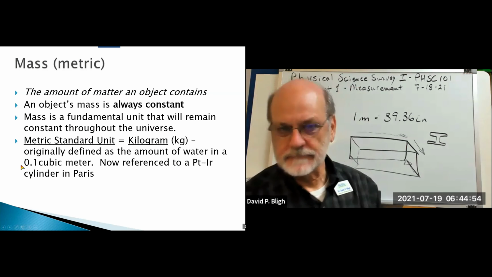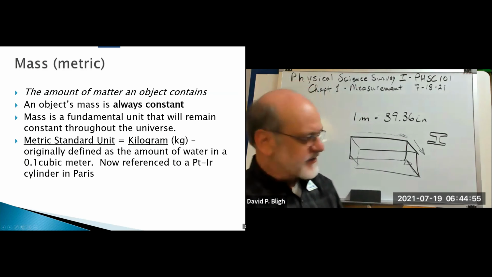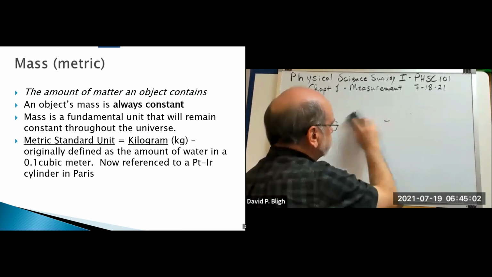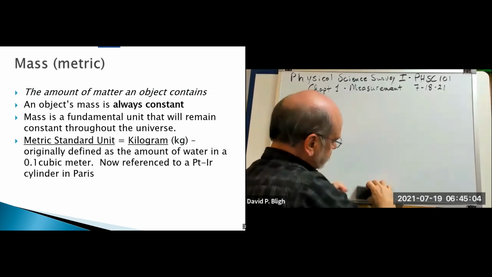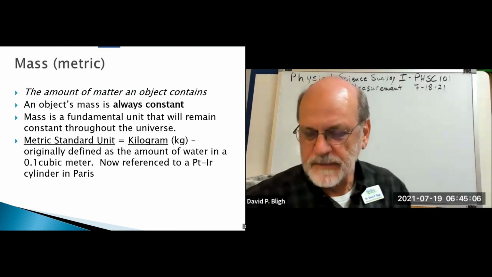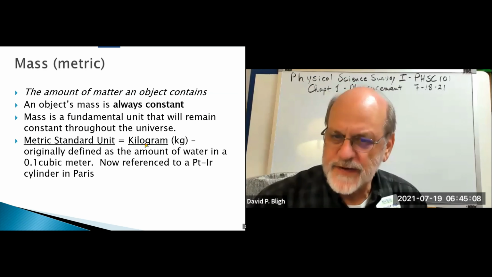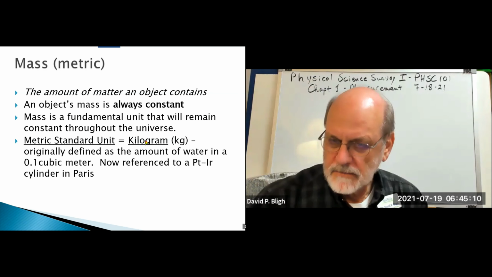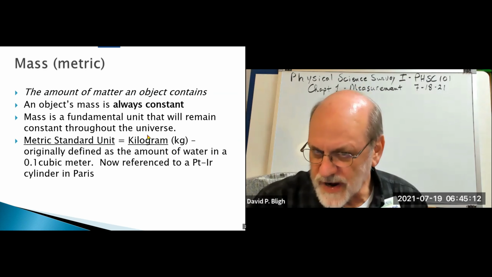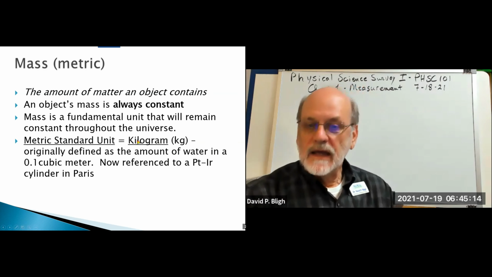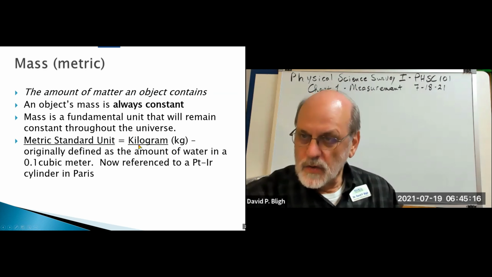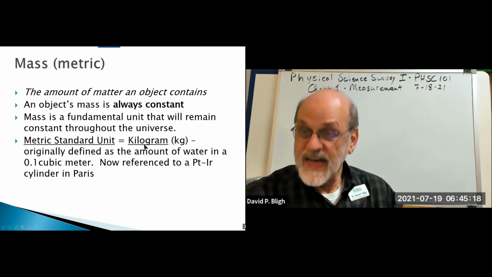How about mass? The standard of mass in the metric system is the kilogram. Okay, now why would we put a prefix, right? We know there's the gram, right? Why would we say kilo, which means 1,000?